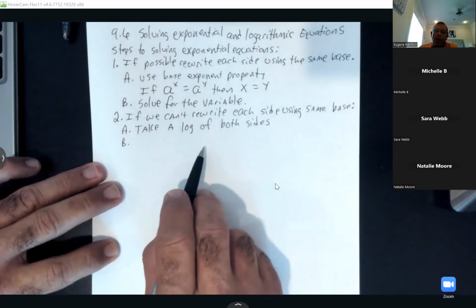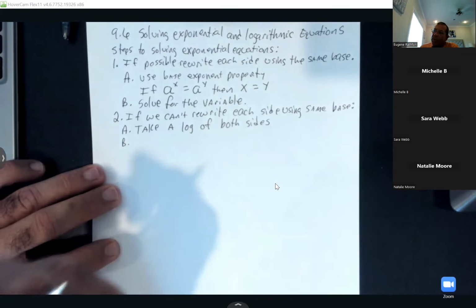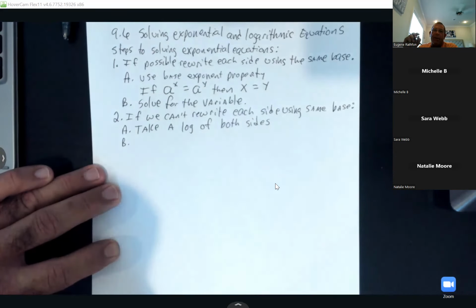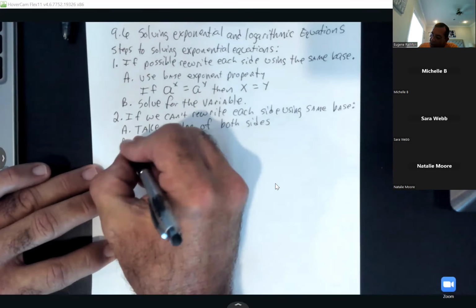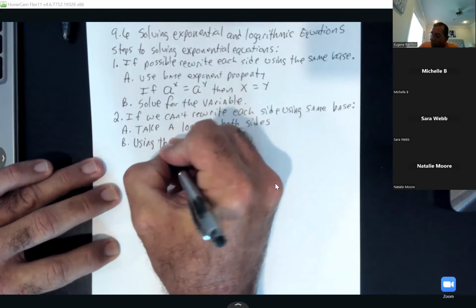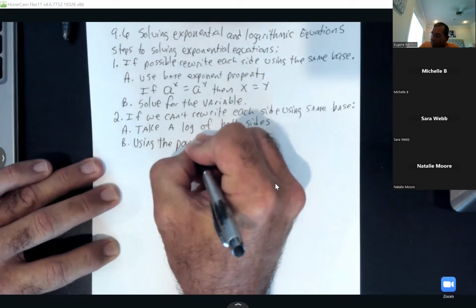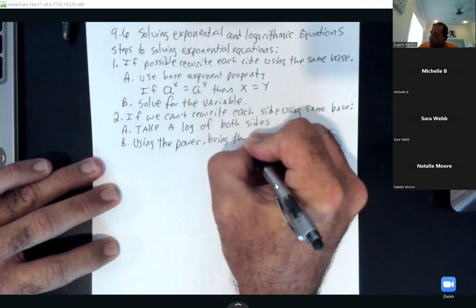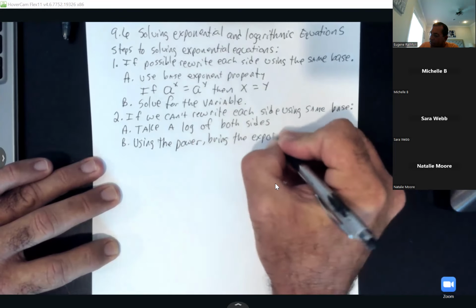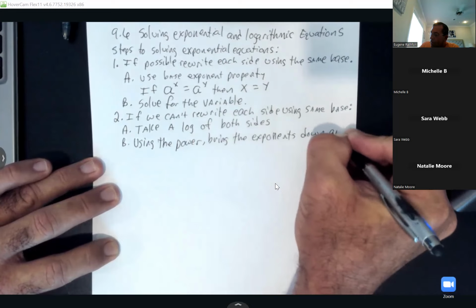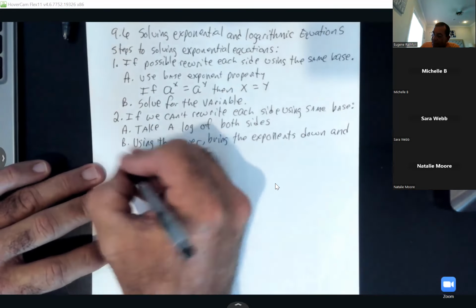Now, y'all, the reason I'm doing that is so that I can bring them exponents down, remember. So what I do is, using the power rule, bring the exponents down, and rewrite as a product.